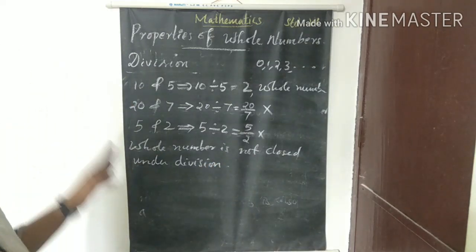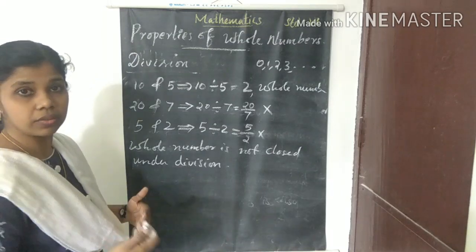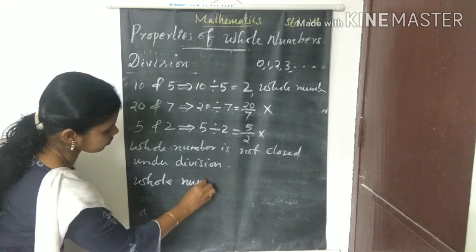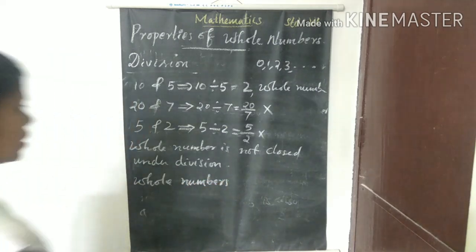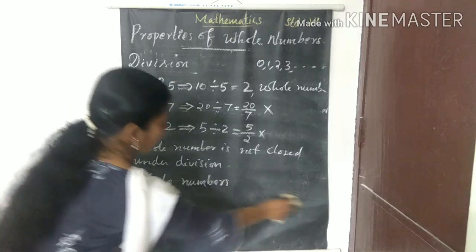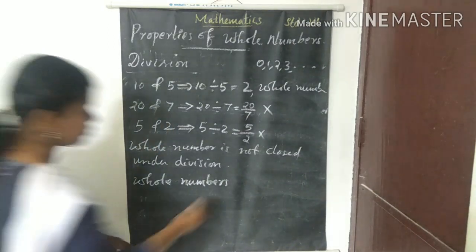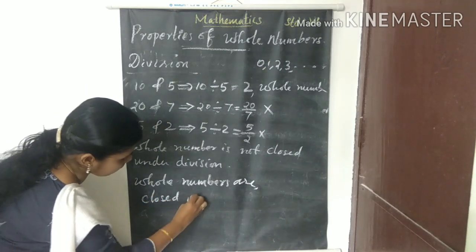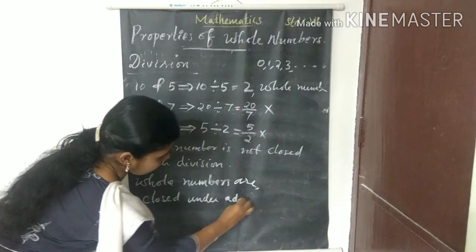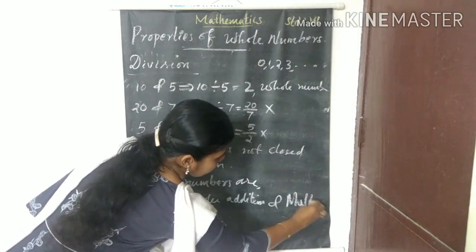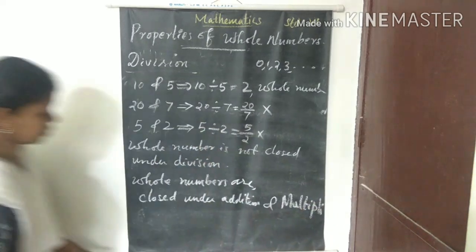That means what we conclude last is that whole numbers are closed under addition and multiplication.